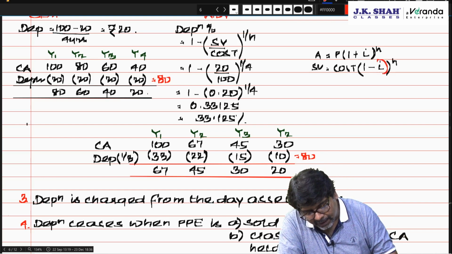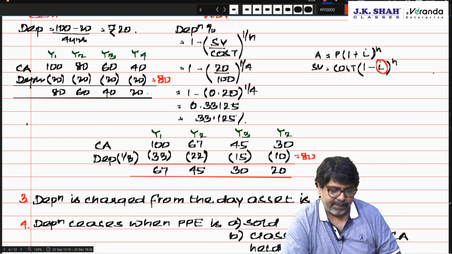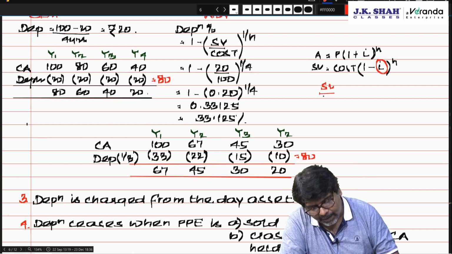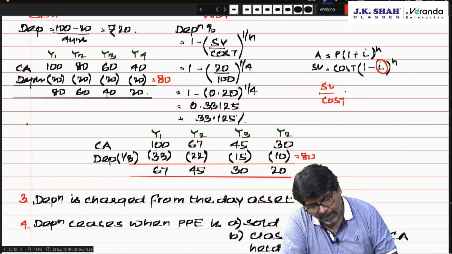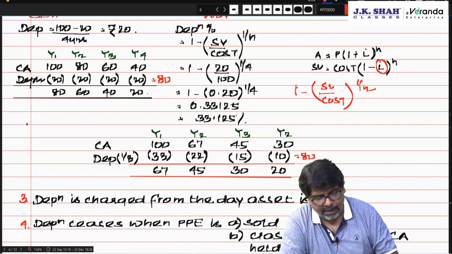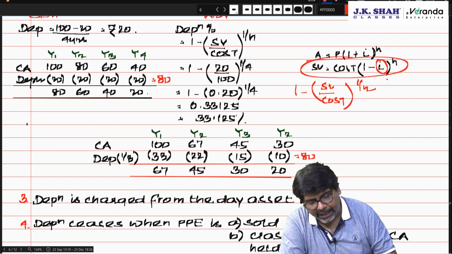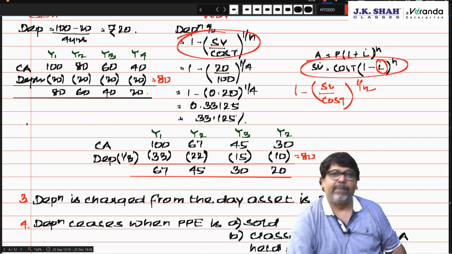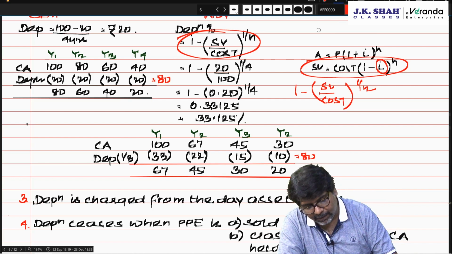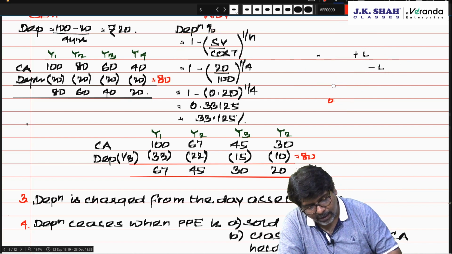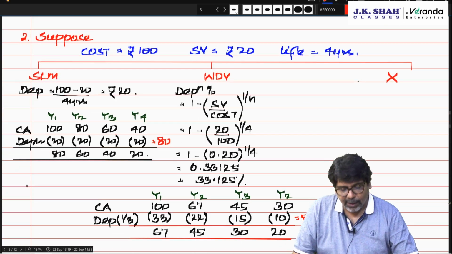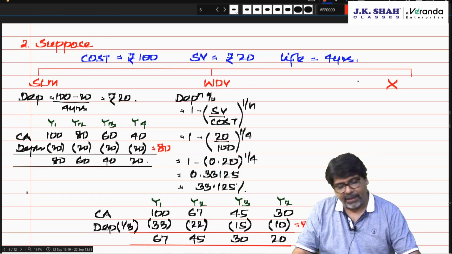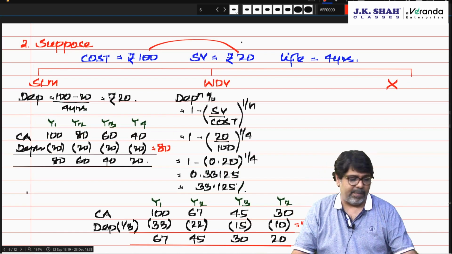If you make I the subject of the formula, then scrap value divided by cost, to the power 1 by n, 1 minus this. So in this formula, if you make I the subject of the formula, you get this. I am sure you are not into derivation of formulas. If you remember the formula, that is more than enough, or a rough idea how it came. So under any method, whatever the circumstances, depreciation will be 80 over a period of 4 years.